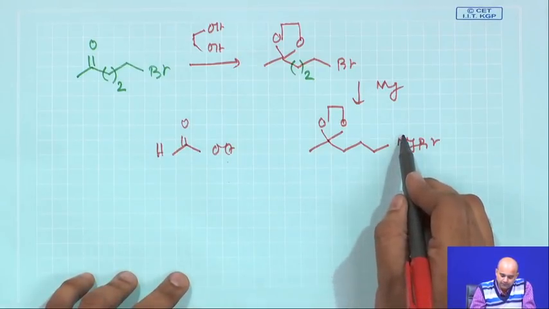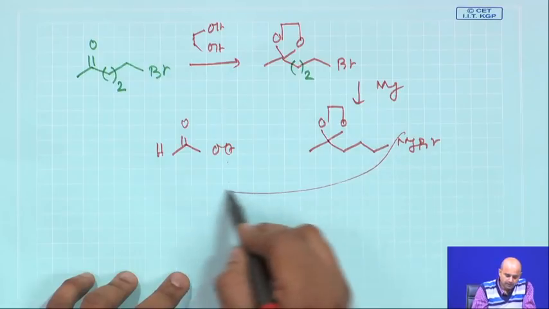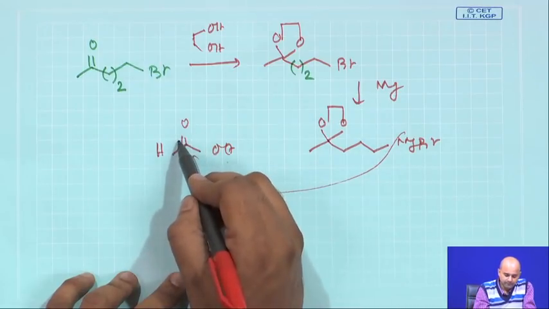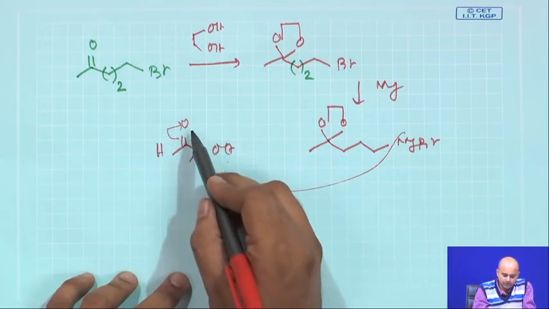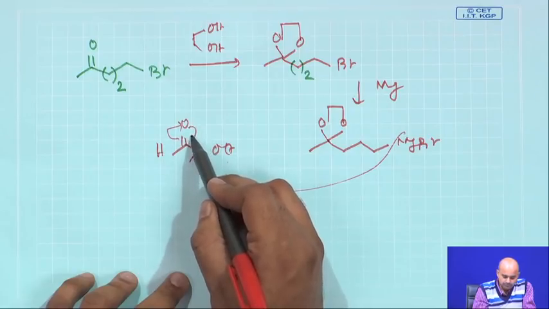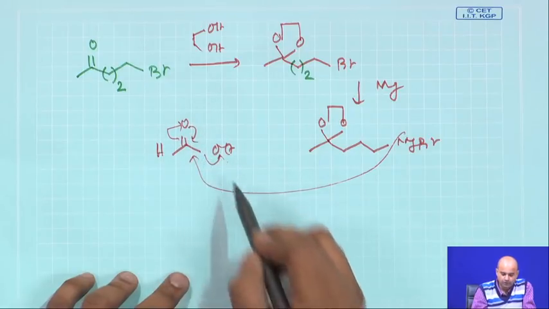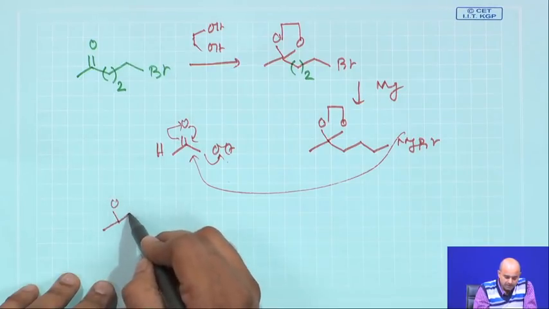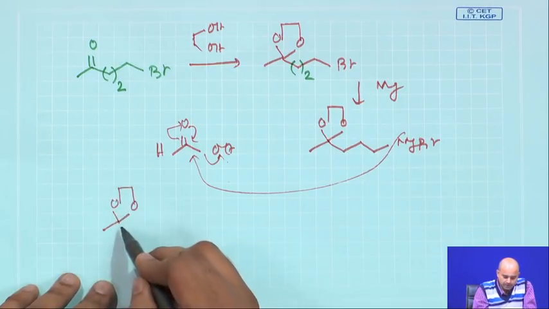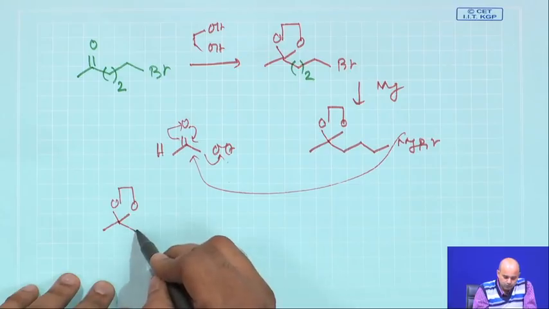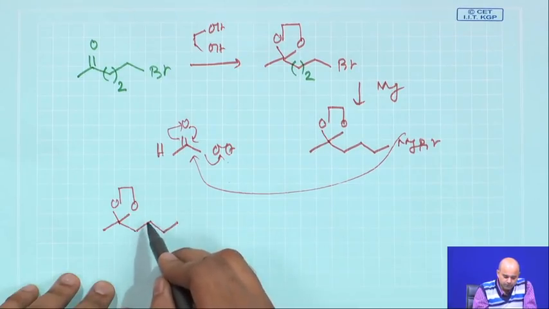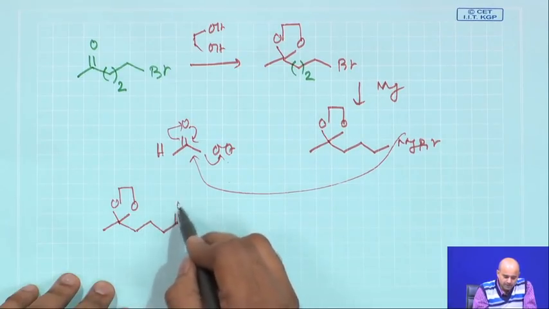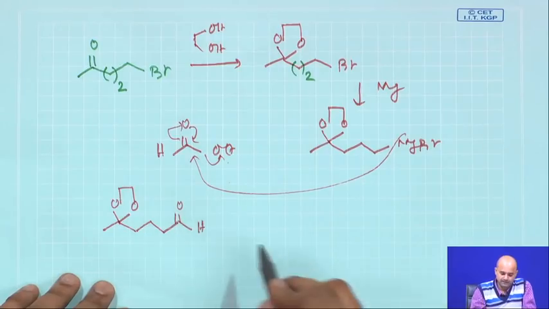How does it react? The first equivalent of Grignard will come here, goes back and up, and eventually you get the aldehyde.